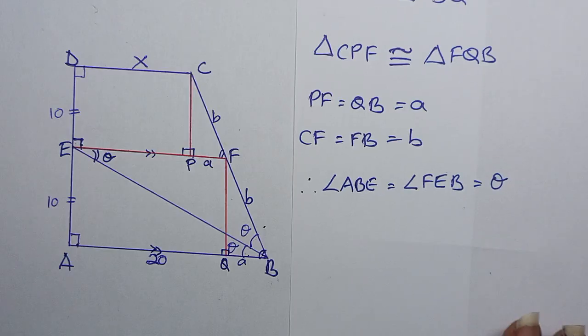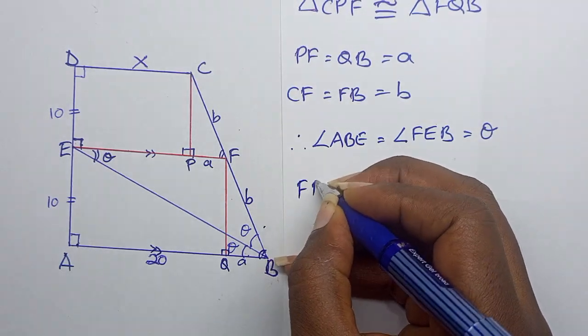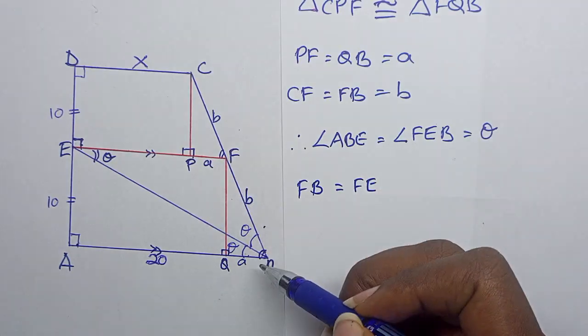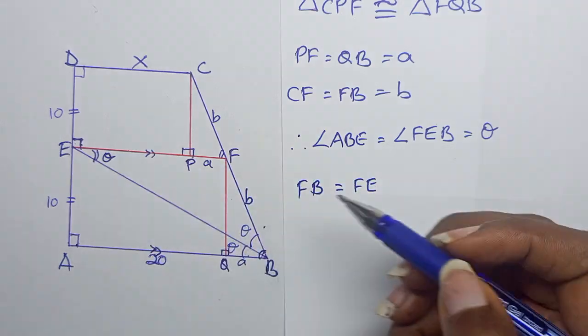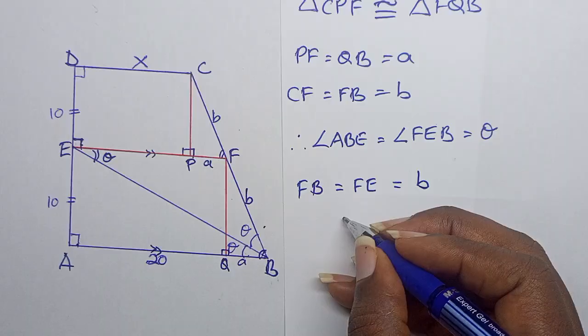Now, since we've said FB is equal to FE, which is equal to B.